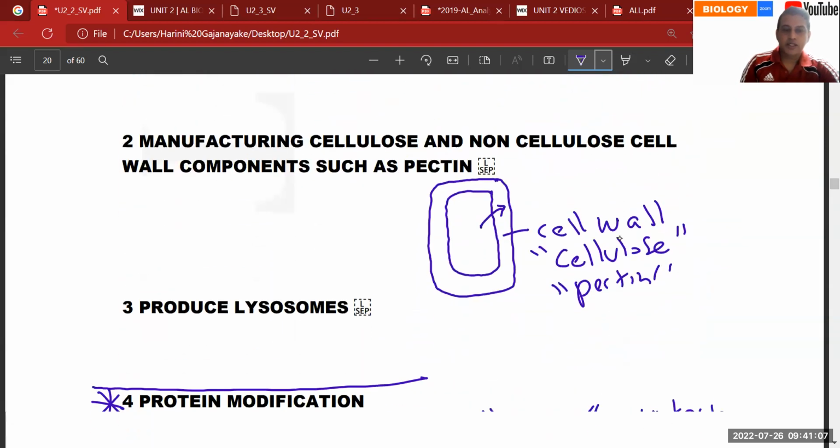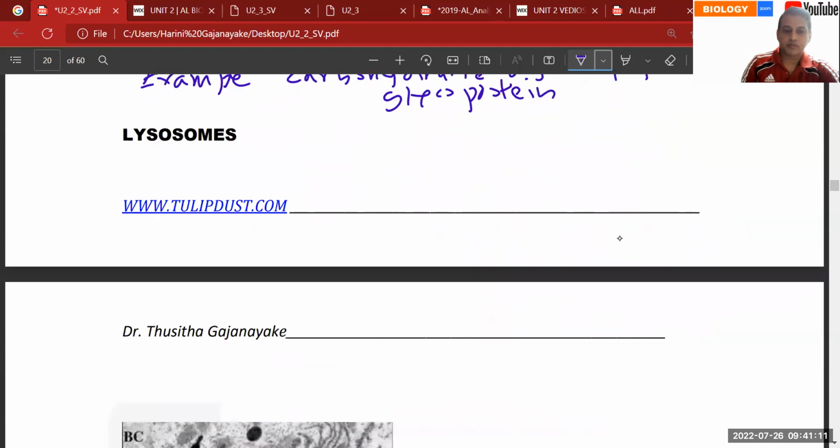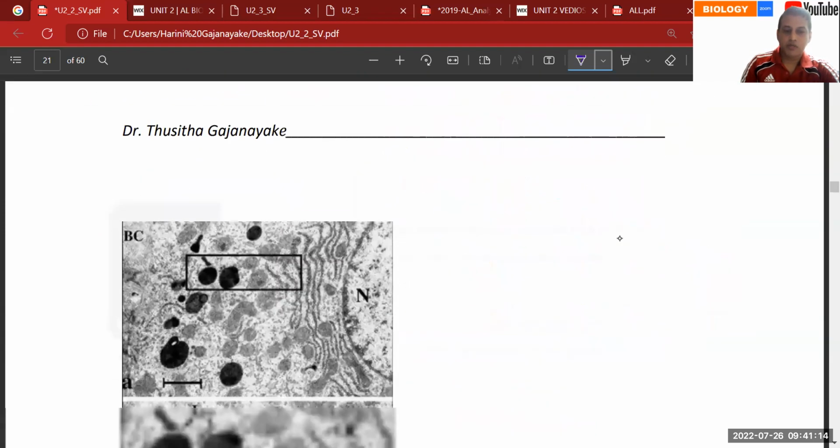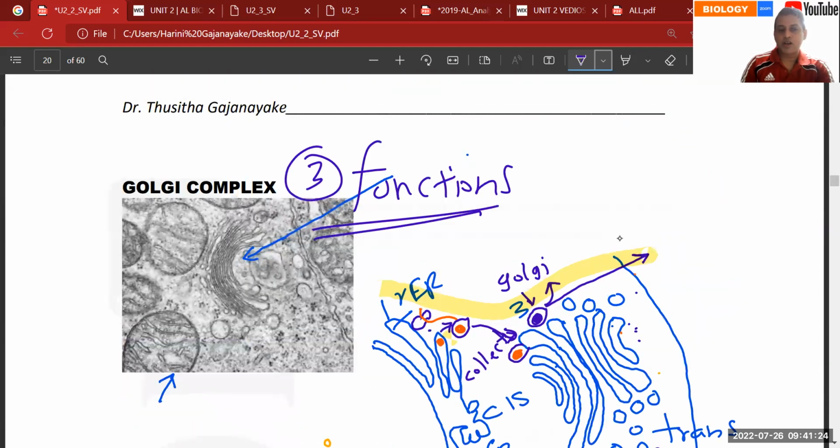Right, we're going to learn the second one, lysosomes. With lysosomes, we cannot see a really special shape. If you look at the Golgi and mitochondria, after seeing them a few times and then seeing one again somewhere, you can guess, that's a Golgi.